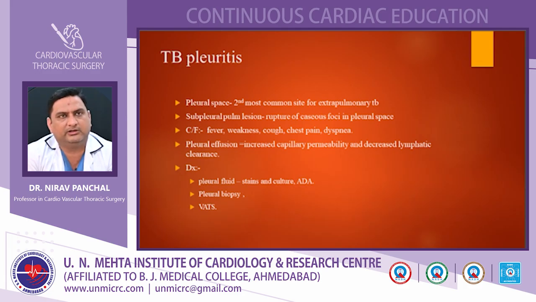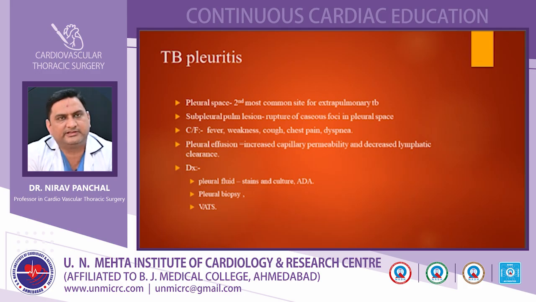Now first is tuberculous pleuritis. The pleural space is the second most common site for extrapulmonary tuberculosis, and when subpleural pulmonary lesions rupture into the pleural space, they cause infection in the pleural space. The clinical features, as we know, are fever, weakness, cough, chest pain and dyspnea.